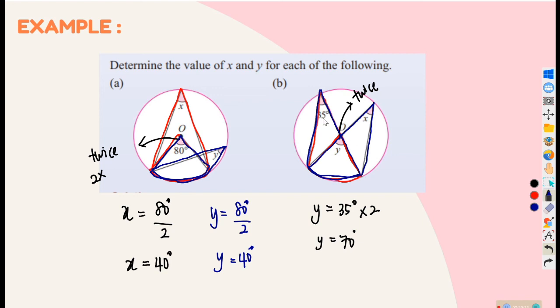So here you can see these angles are the same because they are at the circumference. So x is equal to 35 degree.